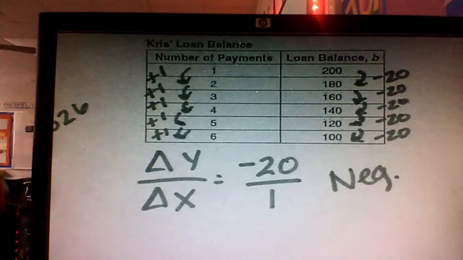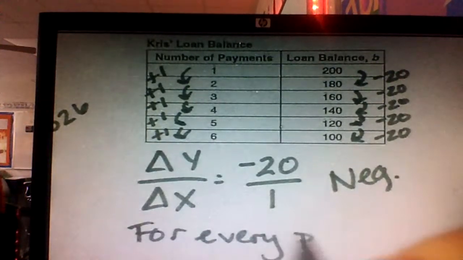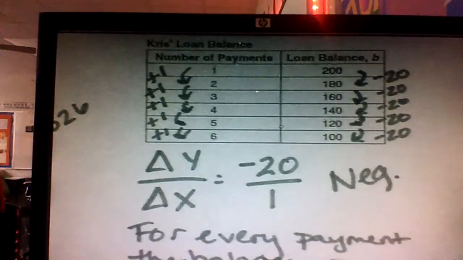Every time you make a payment, your loan balance is decreasing by $20. So for every payment, the balance decreases by $20. Well, does that make sense?